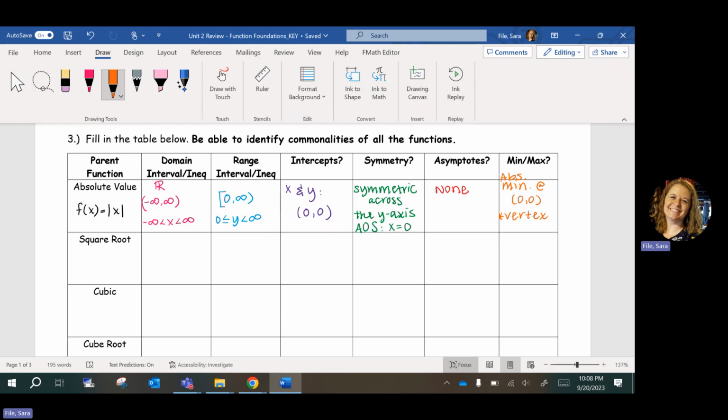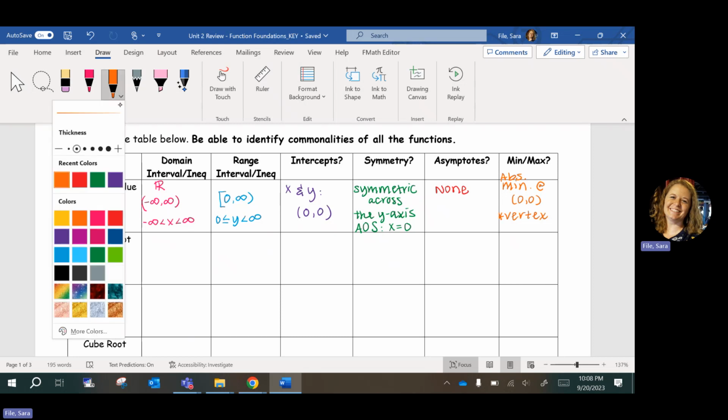We spent like 4 days on that notes packet, and then at the end of the week, after doing some practice and taking a FA, we went back and did more supplemental notes on it to reiterate. So go back and look at your notes. That's where all of this is coming from.